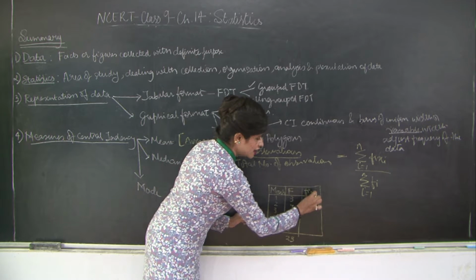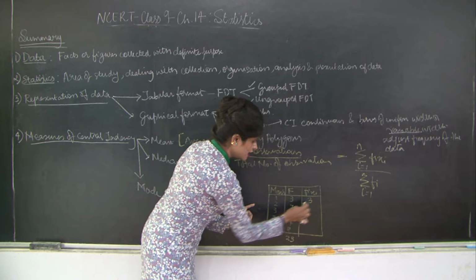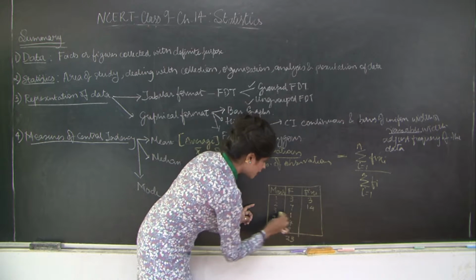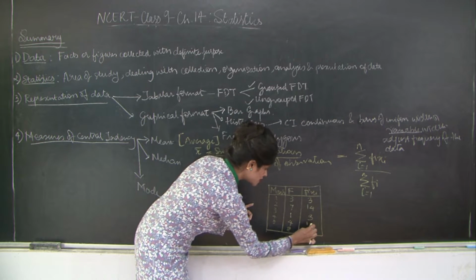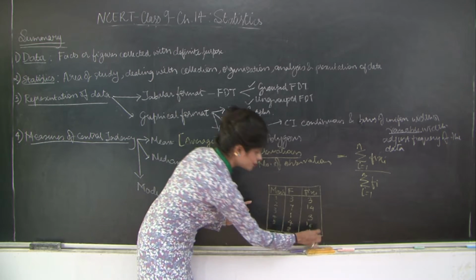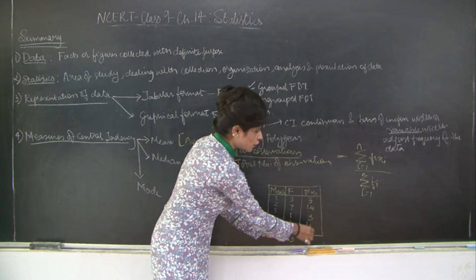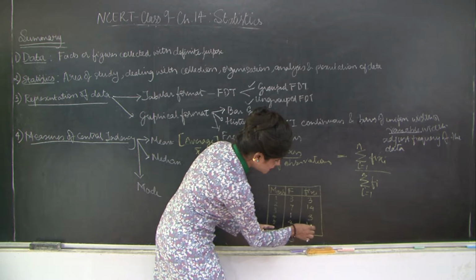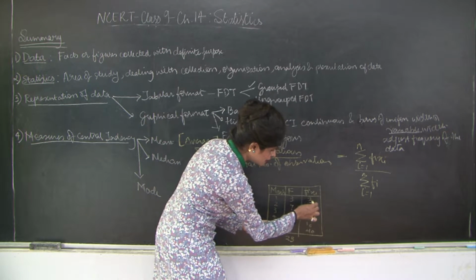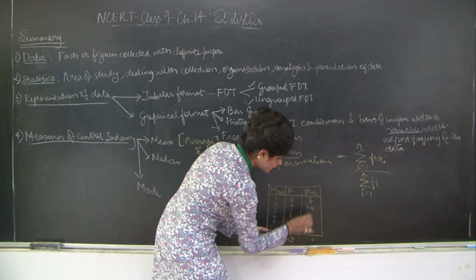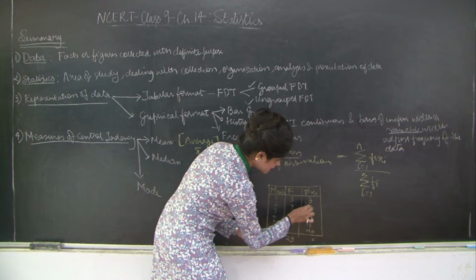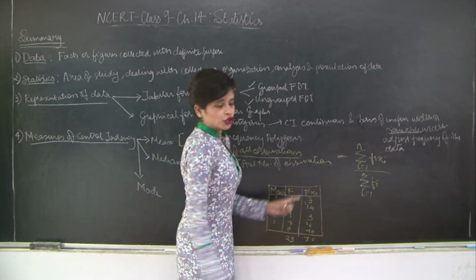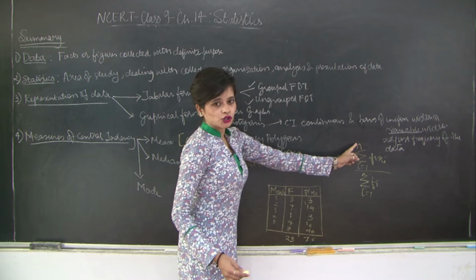This is f_i x_i. So 3 into 1, 3, 7 2s are 14, then 1 3s are 3, 4 4s are 16 and 5 8s are 40. And then you're going to take a sum of all this. So what is the sum of this entire thing, you have 6, 7, 8, 9, 10, 13 plus 3, 16, and then you have 4, 5, 6, 7, 76.